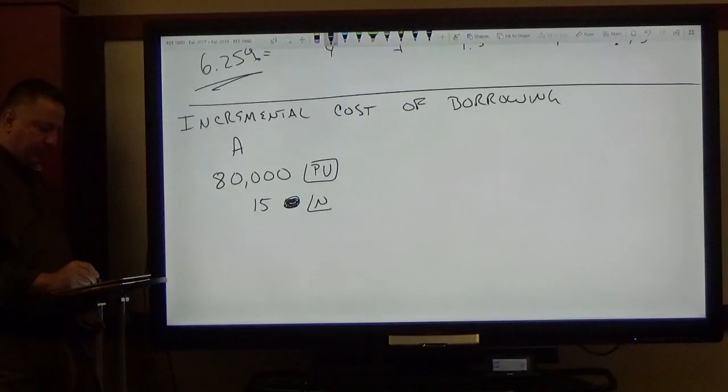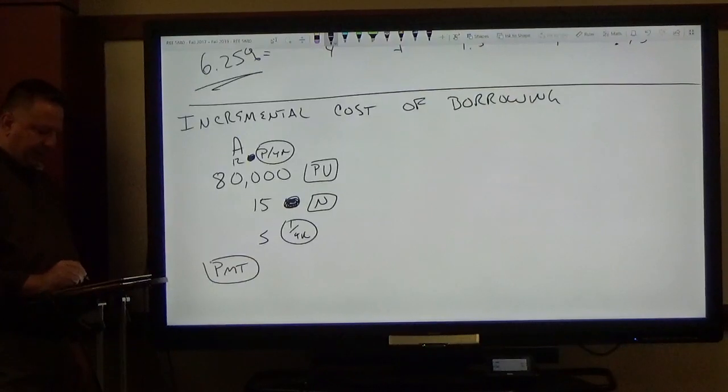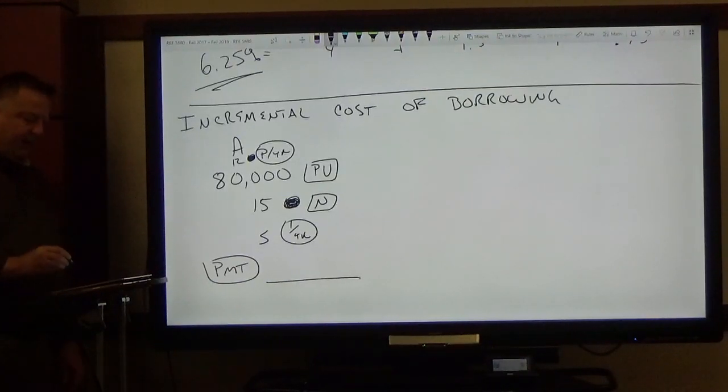Once again, we're going to assume monthly payments, so 12 payments per year, at an interest rate of, let's say, 5%. We'll calculate our payment here. But then we have another lender down the street.